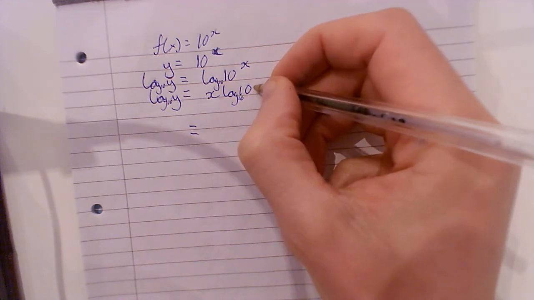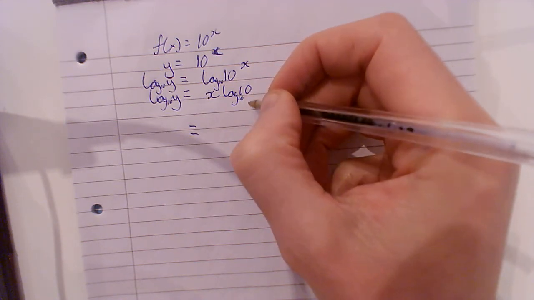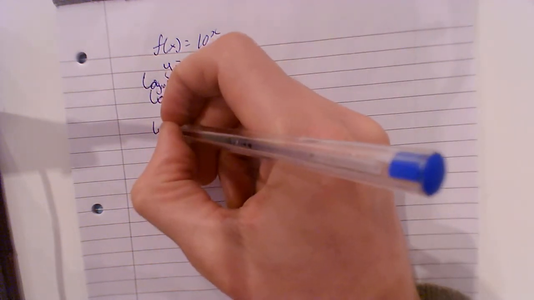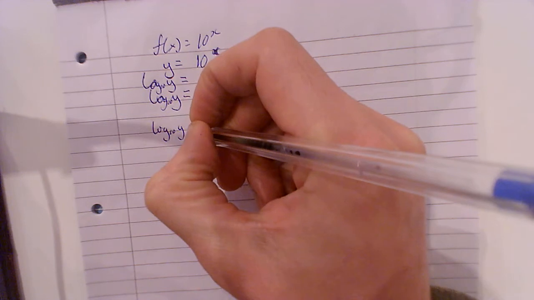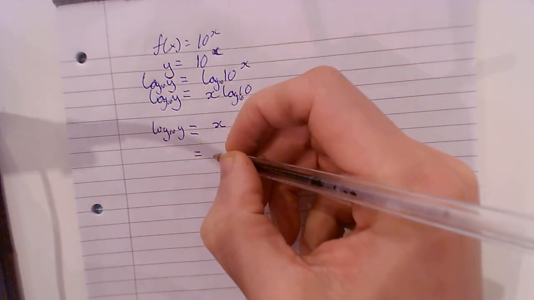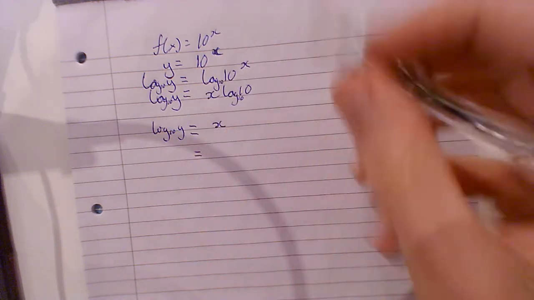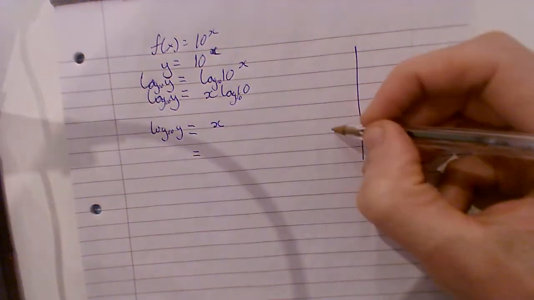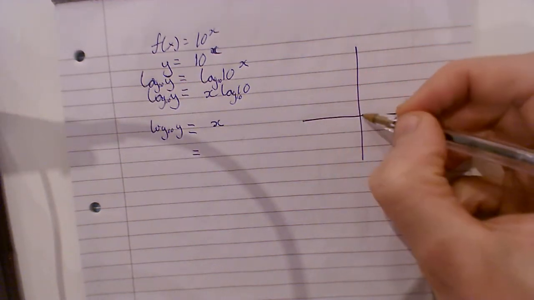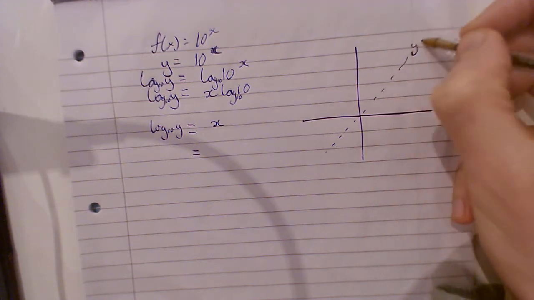Log base 10 of 10, that's one of the rules of logs. If I had log base 20 of 20, that's 1. So x equals log base 10 of y. Now that is our inverse. If I'm drawing that out here, this is our line y equals x.